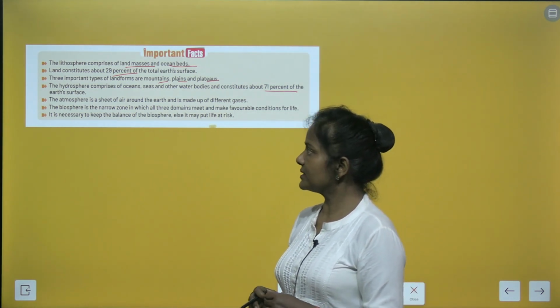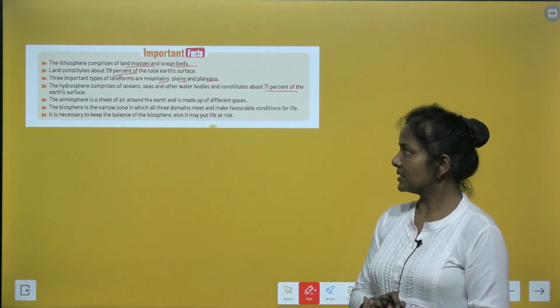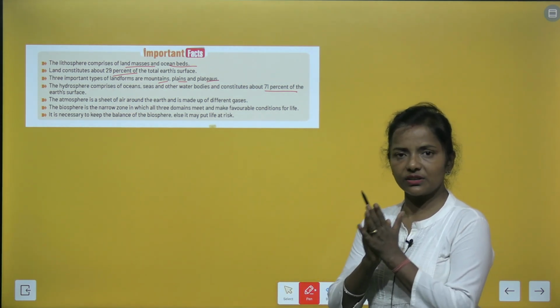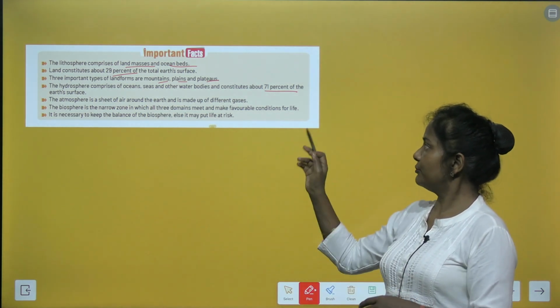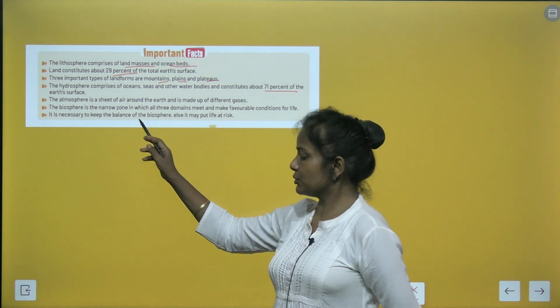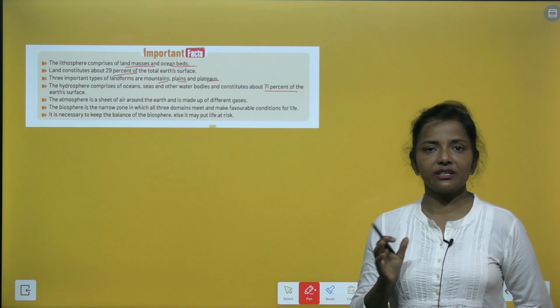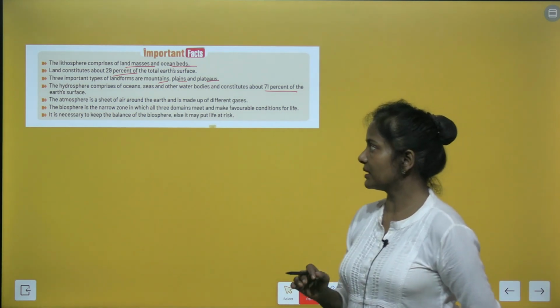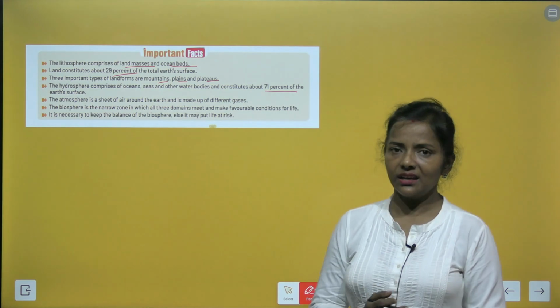The biosphere is the narrow zone in which all three domains meet. Biosphere एक बहुत पतला narrow सा zone है जहाँ पे ये तीनों domains मिलते हैं आके and make favorable conditions of life. It is necessary to keep the balance of the biosphere, else it may put life at risk. Biosphere का balance बनाए रखना बहुत जरूरी है, otherwise life जो है वो risk में आ सकती है.